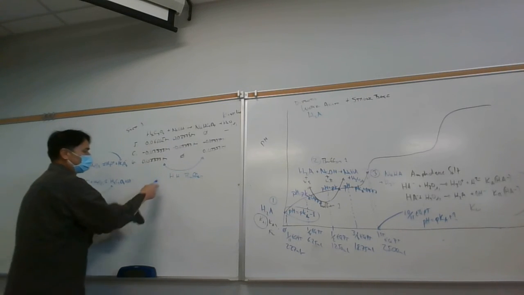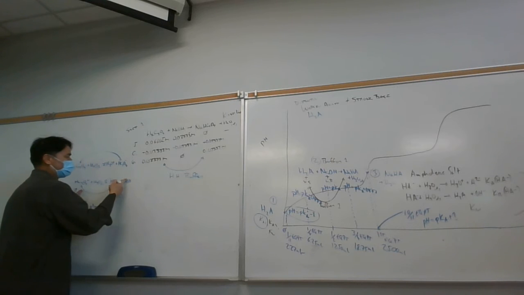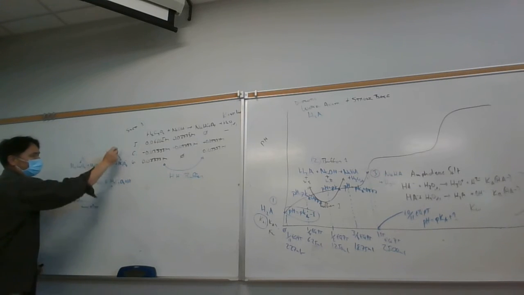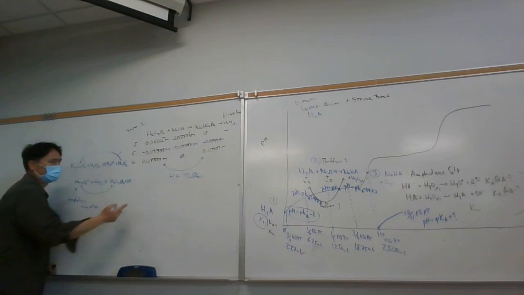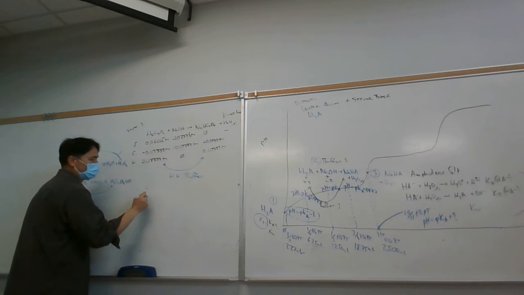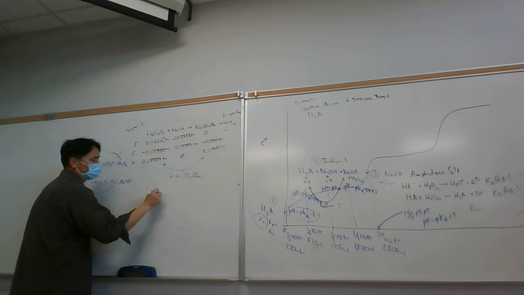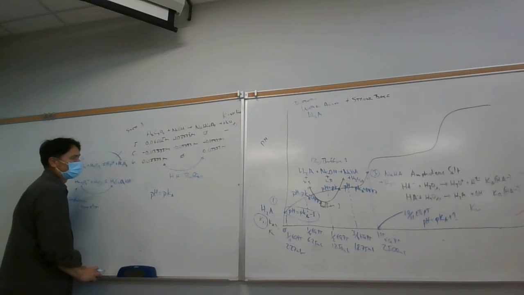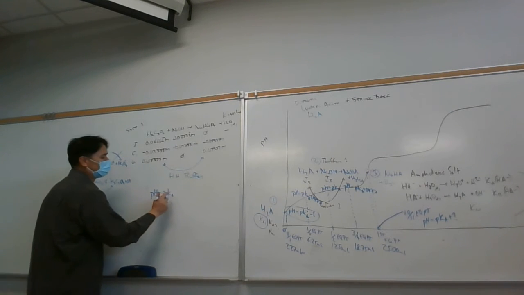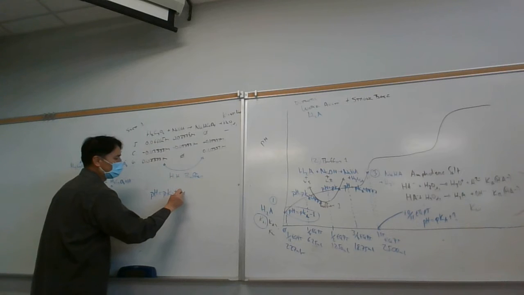And so if we're left with an HH buffer, then we don't have to do an ice table. Anyway, we don't have to do Ka or Kb. I would have picked Ka because it's more convenient, but we don't even have to do that. The Henderson-Hasselbalch equation allows us to bypass the ice table entirely and just go straight to the pH. And the pH is going to equal the pKa for the acid, which is oxalic acid.